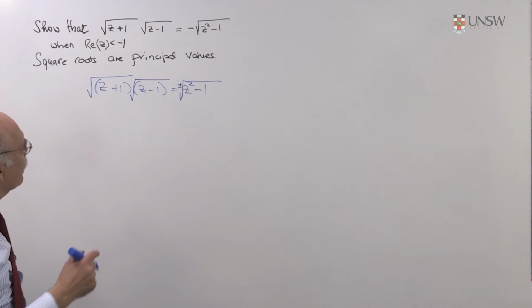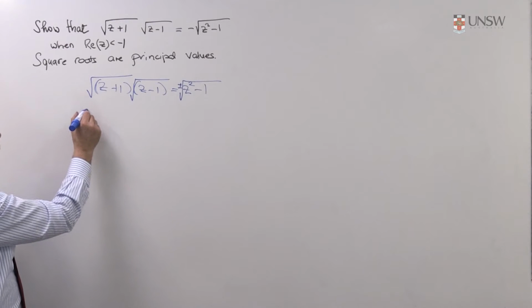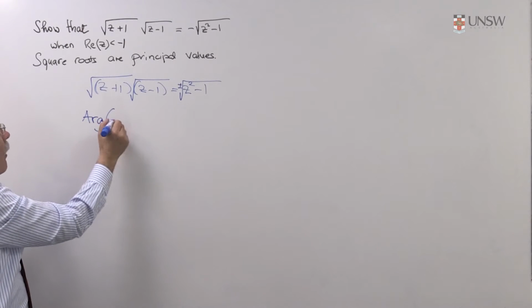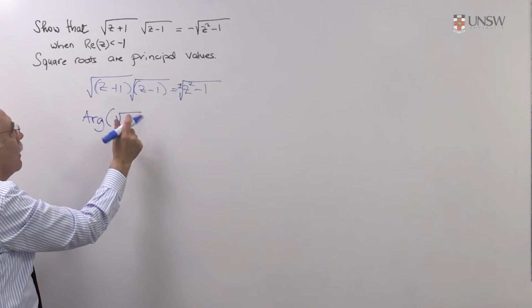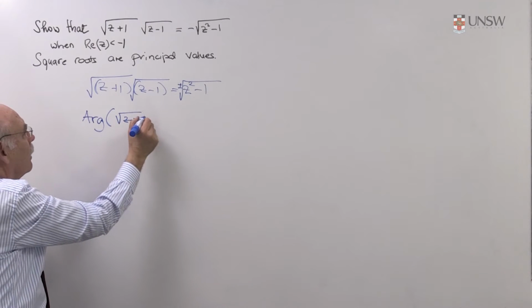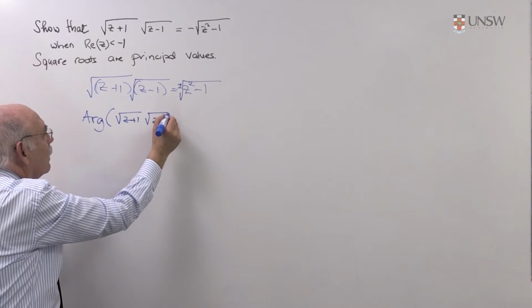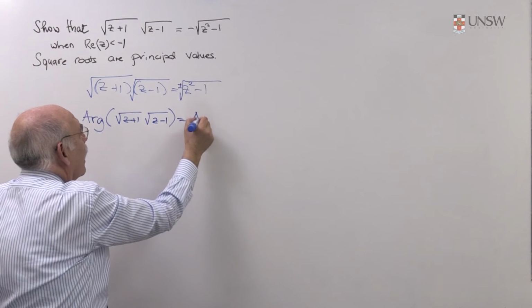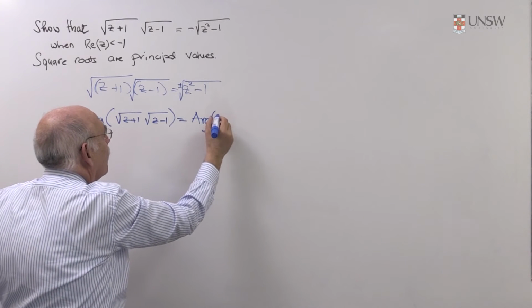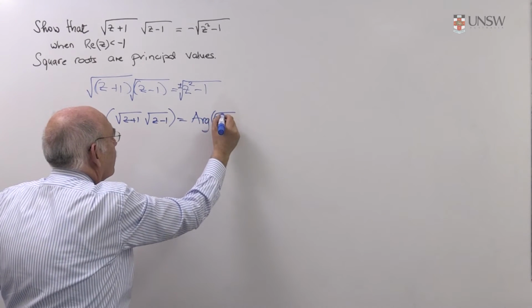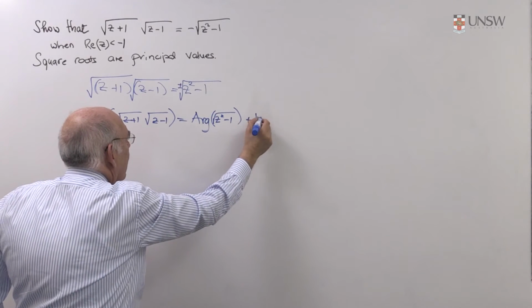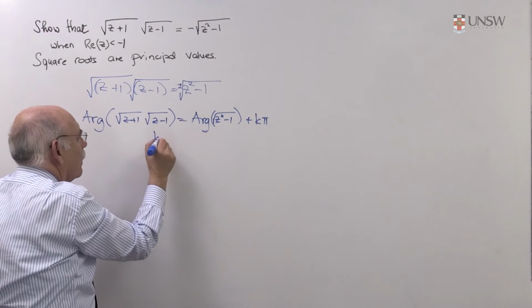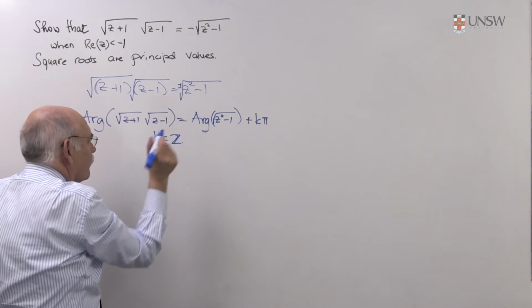Notice that because of this, we know actually that the arg of root z plus 1 root z minus 1 is equal to the arg of root z squared minus 1 plus k pi, where k is an integer.